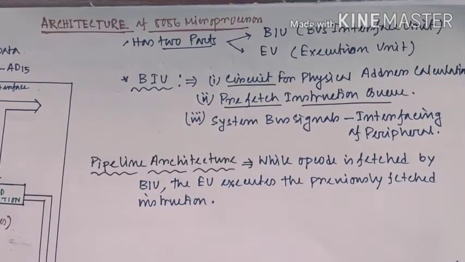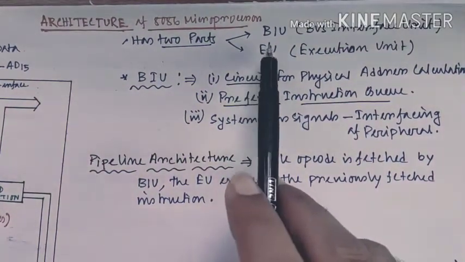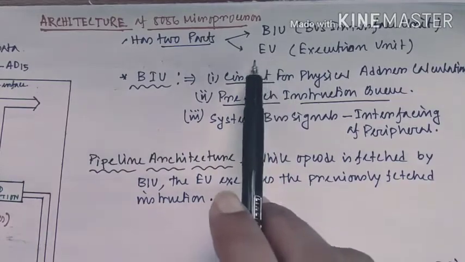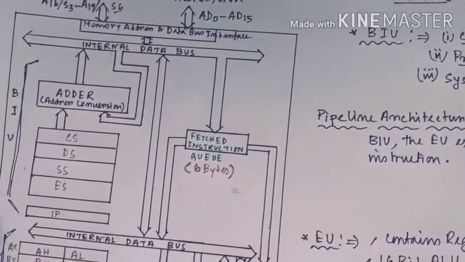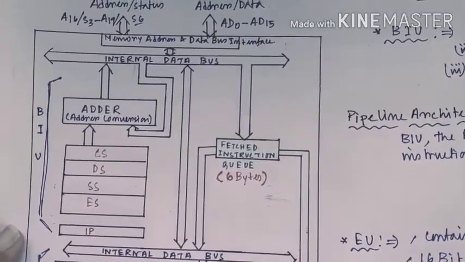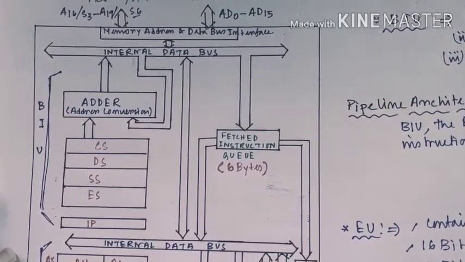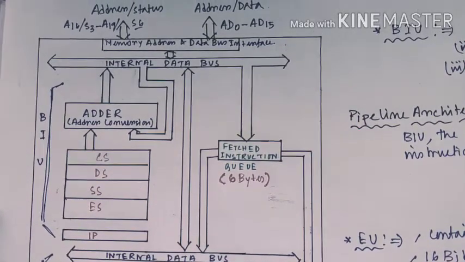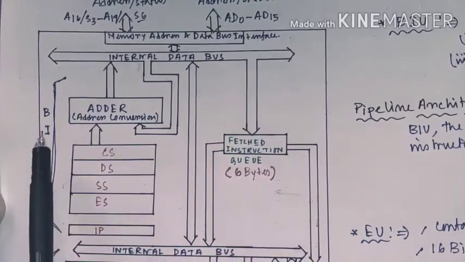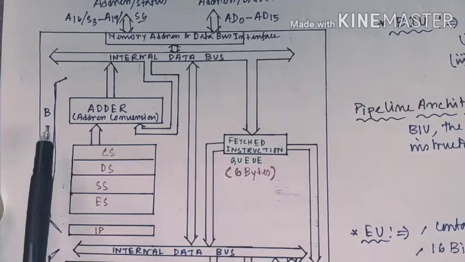So it has two parts in the architecture. One is BIU, that is bus interface unit, another one is execution unit, that is EU. Now this is the simplest block diagram I have tried to draw here. Hopefully you can find it. So this upper portion is called BIU, bus interface unit.